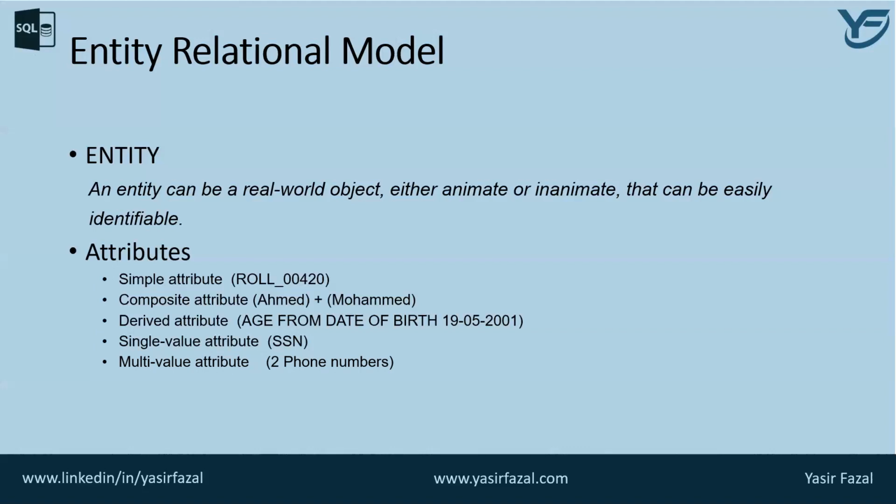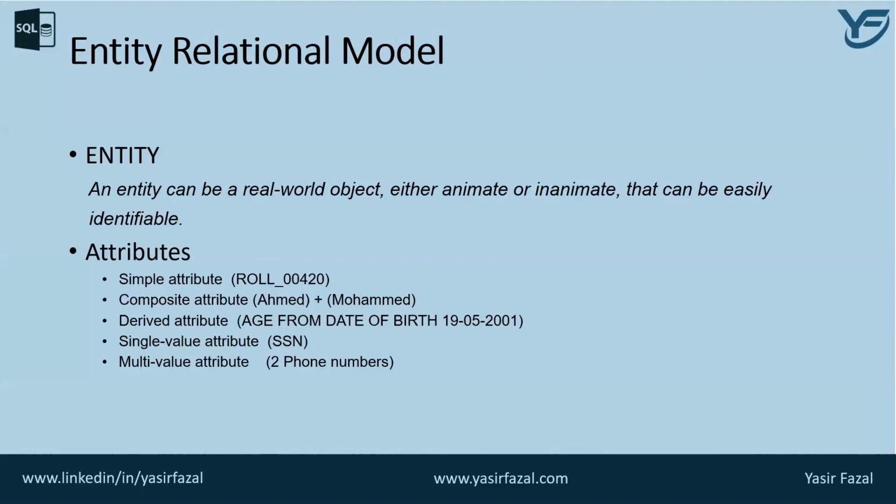These types can also be combined together. You can combine a simple attribute with a single value attribute, and a simple attribute with multi-valued attributes. You can also use a composite attribute with single value attributes and composite with multi-valued attributes. So this is a pretty simple idea about the entity and respective attributes.